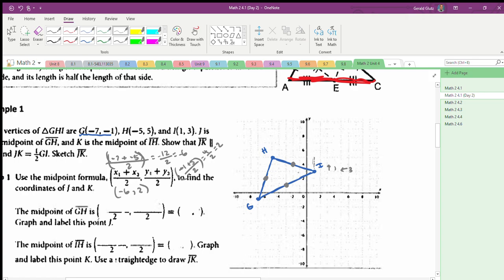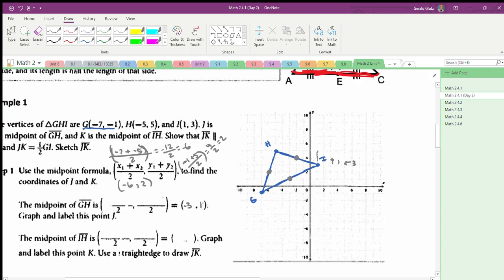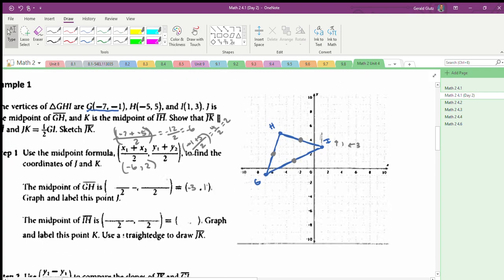Whatever the distance is vertically between the 2 points, go half that length, and that's how you get to a midpoint. So the midpoint of GH is at -3, 1. So you could fill in all this information if you wanted, but I'm not going to. The midpoint of IH is at -2, 4, because we went left 2 up 4.